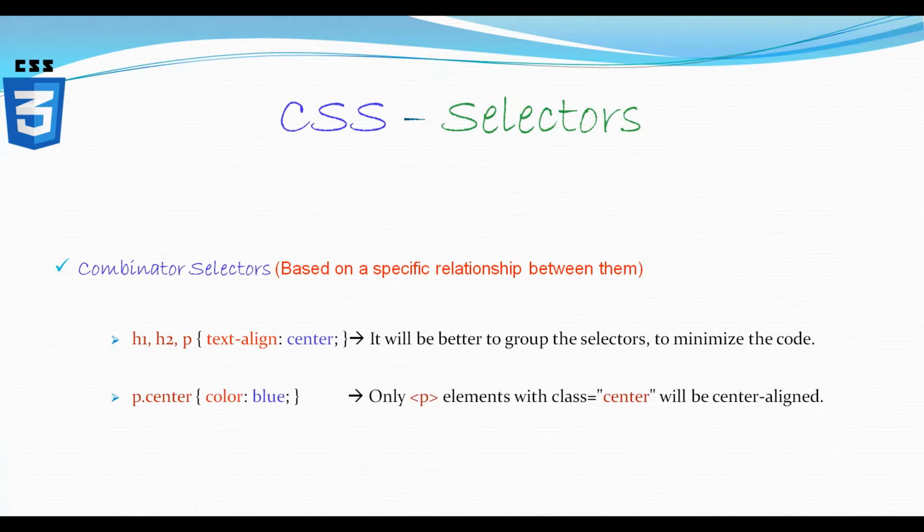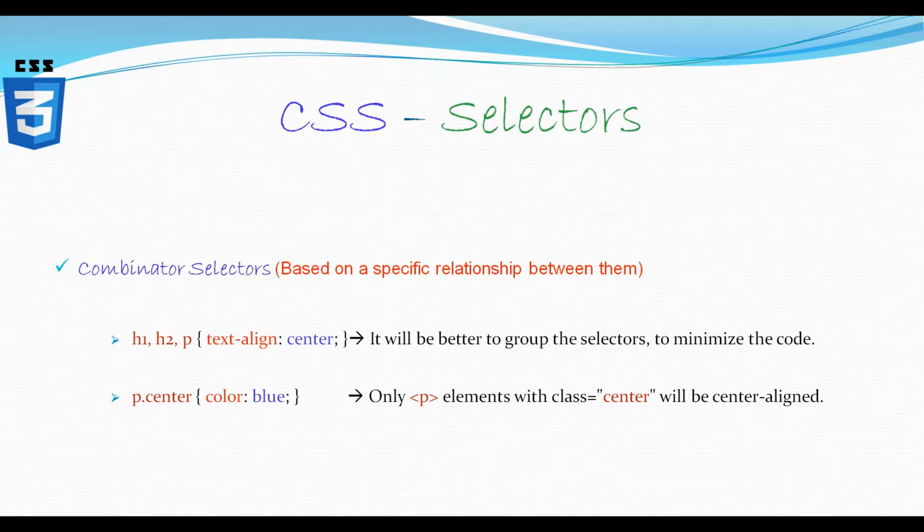And we also have the next type of combinator selector, where you can actually choose a p tag, and the ones that do have the center class, you can choose only those to apply the declaration to.